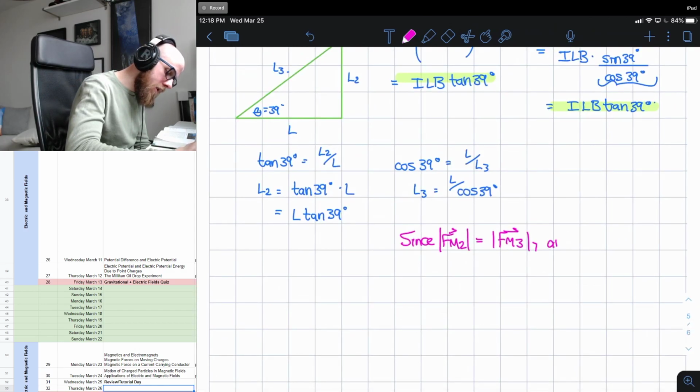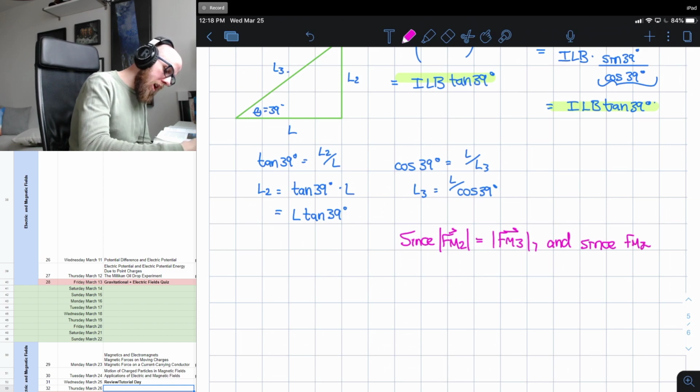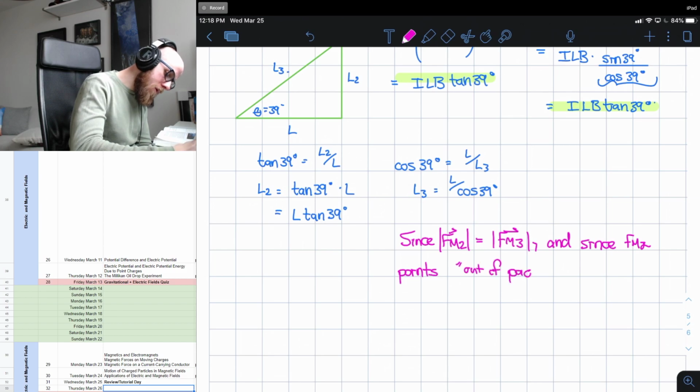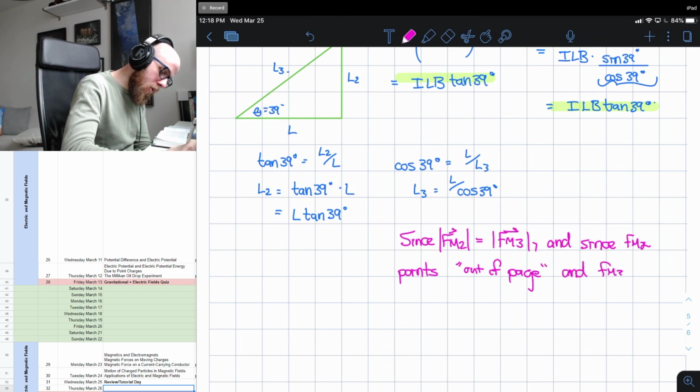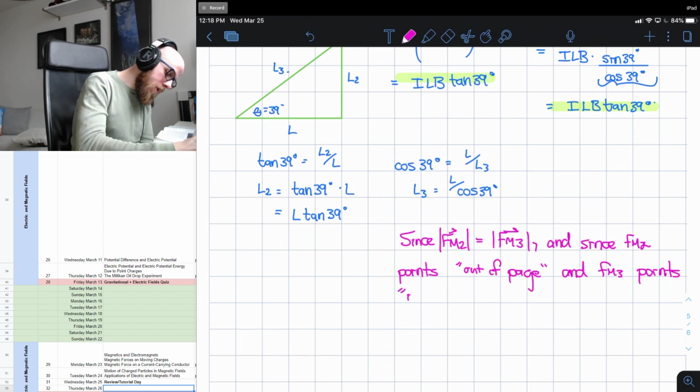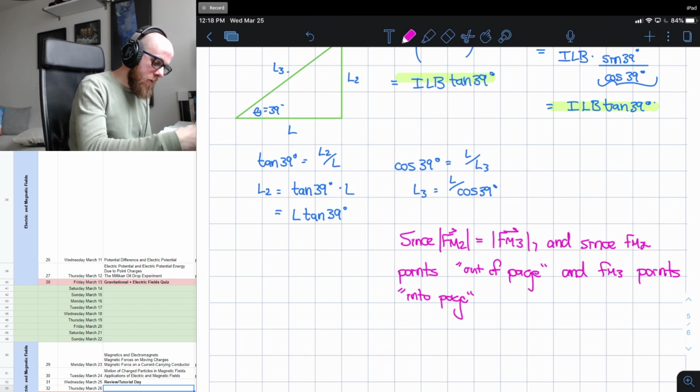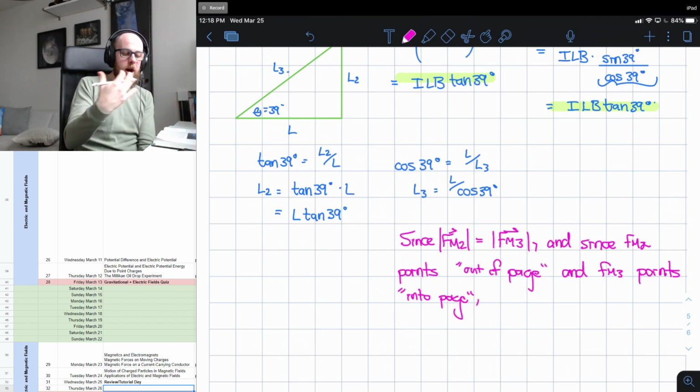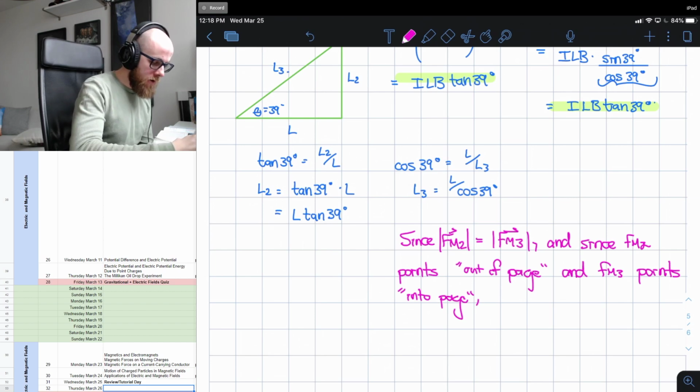And since FM2 points out of the page and FM3 points into the page, because they're equal magnitude, opposite directions, the net force is 0.